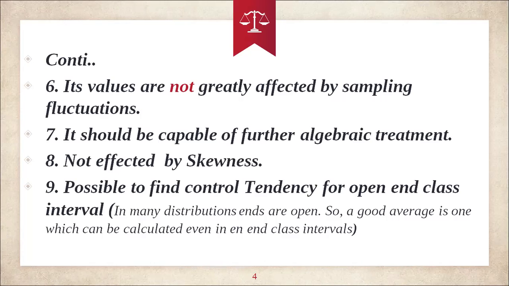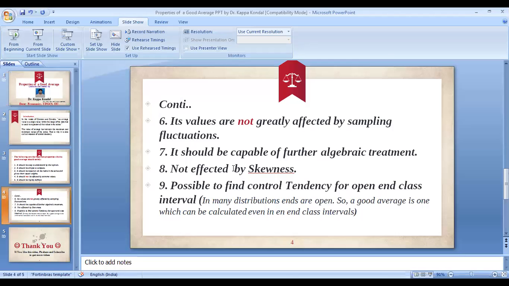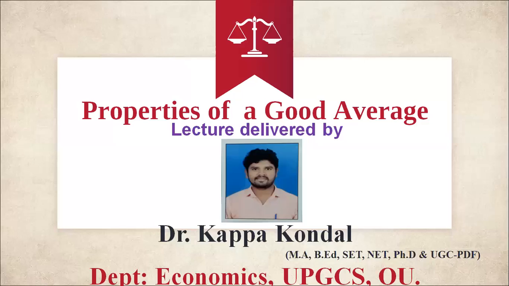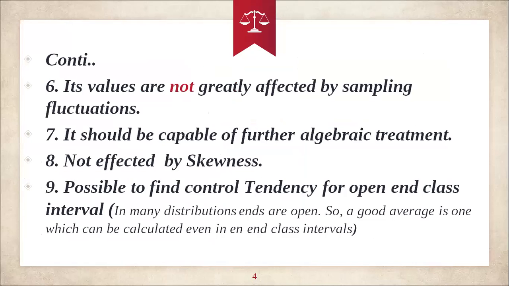So which average is a good one? Can anybody say that? Hello? We didn't get you, sir. You learned about arithmetic mean, geometric mean, and harmonic mean. Which average among these three has good properties, that is, more properties?